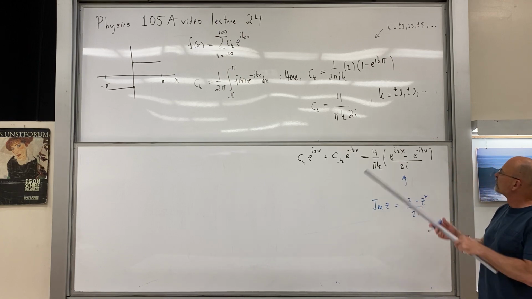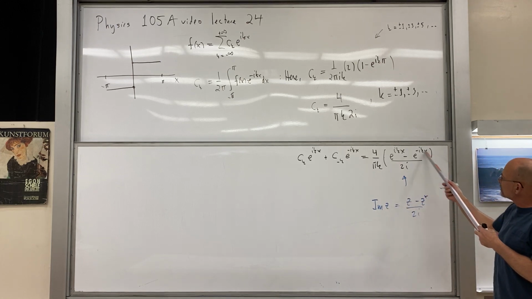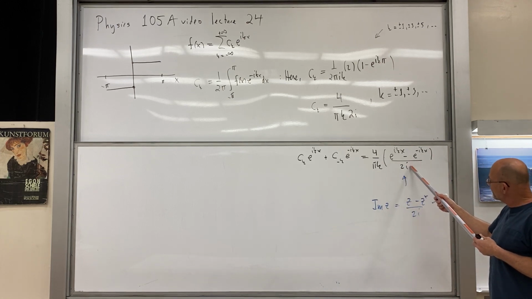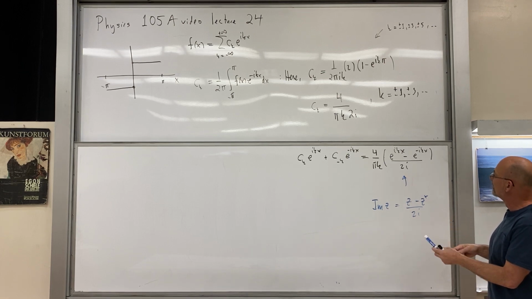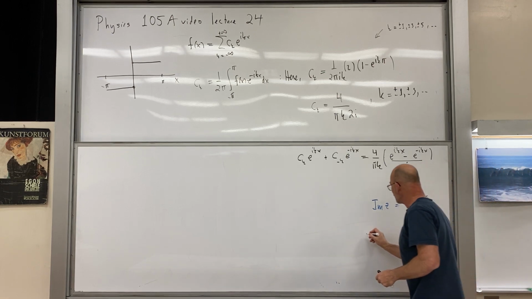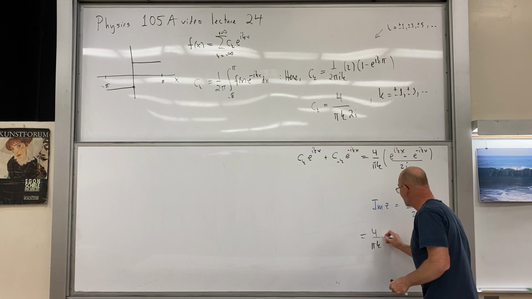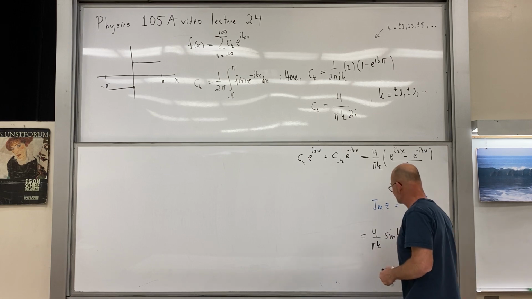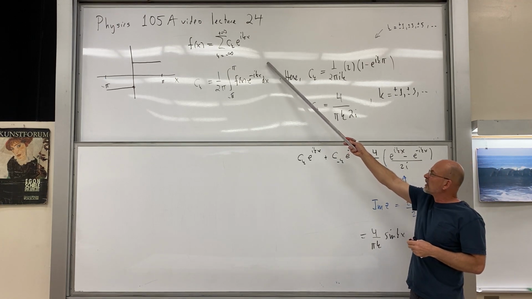And for Euler's formula, the imaginary part is the sine. So make sure you recognize and know this. That's the sine, and we have 4 over pi times k sine of kx. So now we're going to write this big summation here.